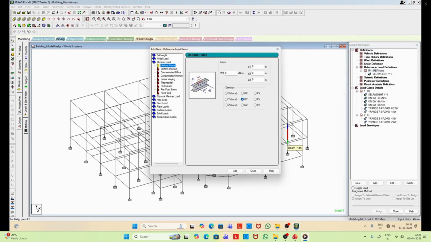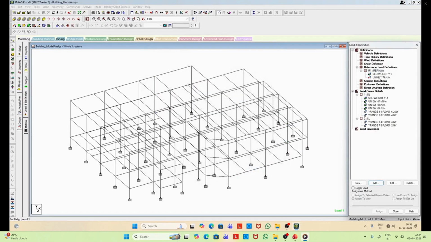So let us define the member load, and if you recall, it was 17 y. We'll do it in a slightly different way today. We can select the beams and apply. Right.